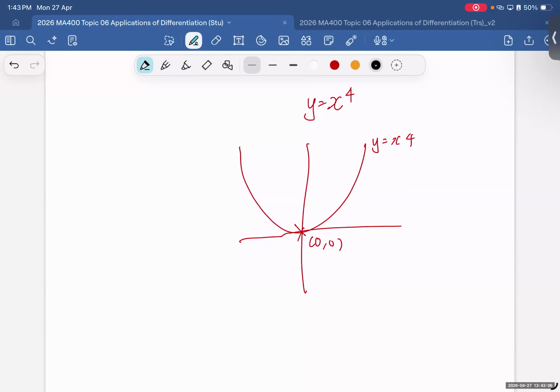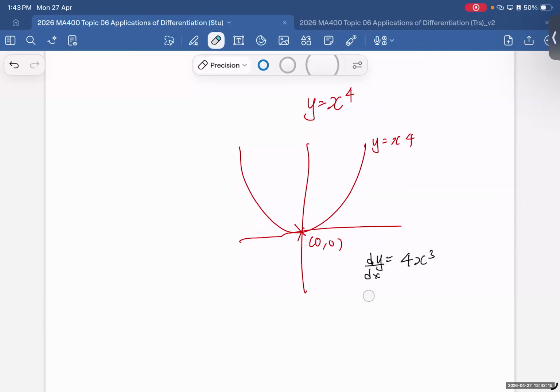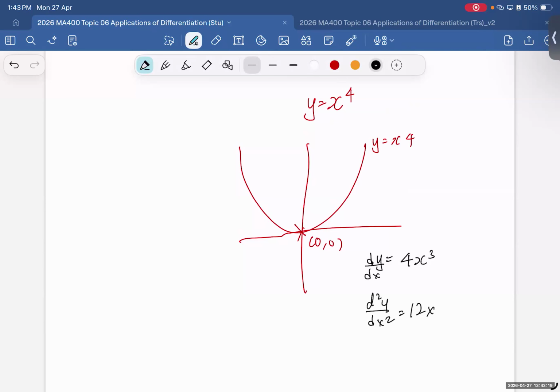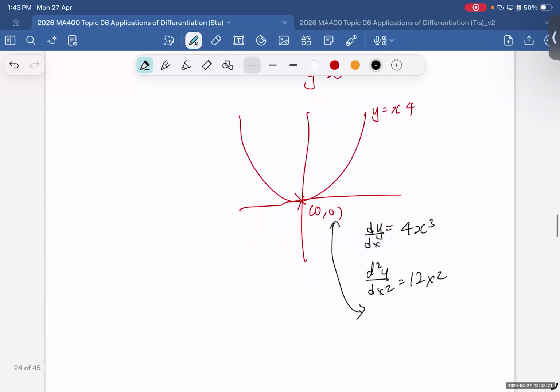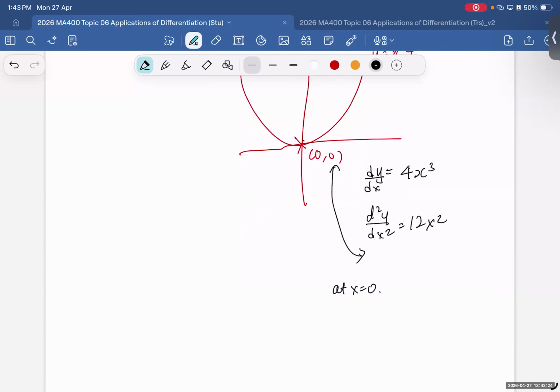Okay, so then you see that dy/dx is 4x power 3. But what is d2y/dx squared? What happens if you sub 0 in? When x equals to 0, d2y/dx squared is equal to 12 times 0 squared, which is 0.